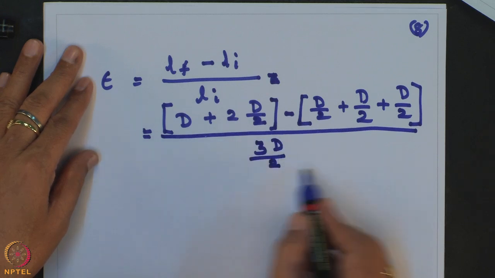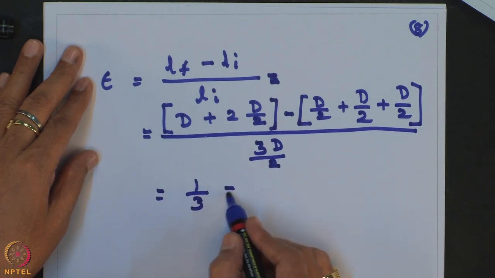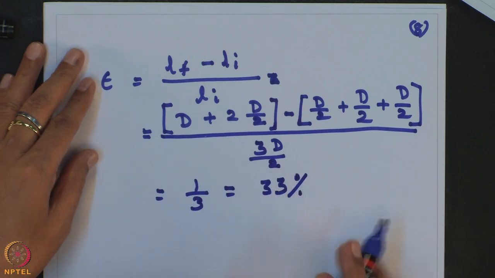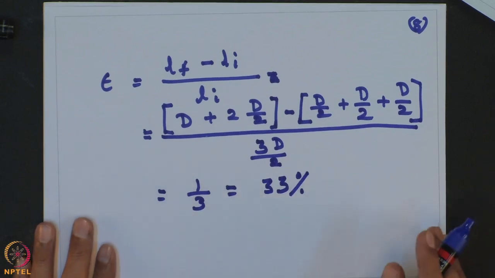So, if you calculate, you get 1/3, and that is equal to 33%. Okay, that is why this epsilon strain value is 33%.